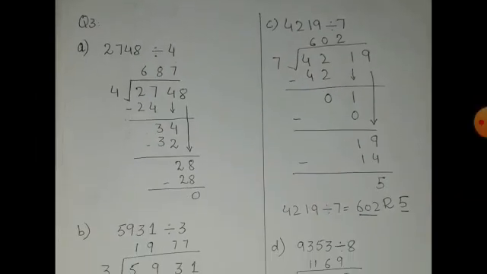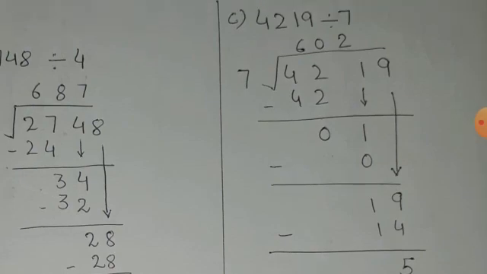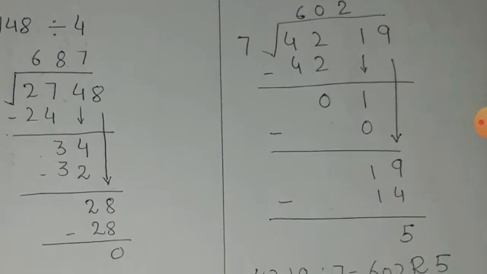In part C, 4219. 4 is less than 7, so we will divide 42 by 7. 7 6s are 42. 42 minus 42, the answer will be 0. We will write 1 with 0. As 1 is less than 7, so we will multiply, 7 zeros are 0.